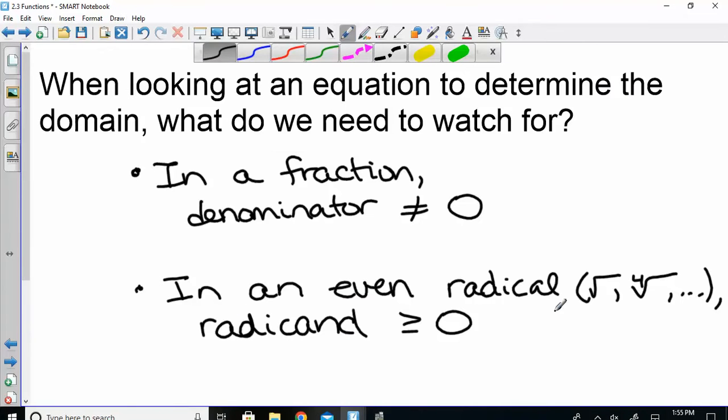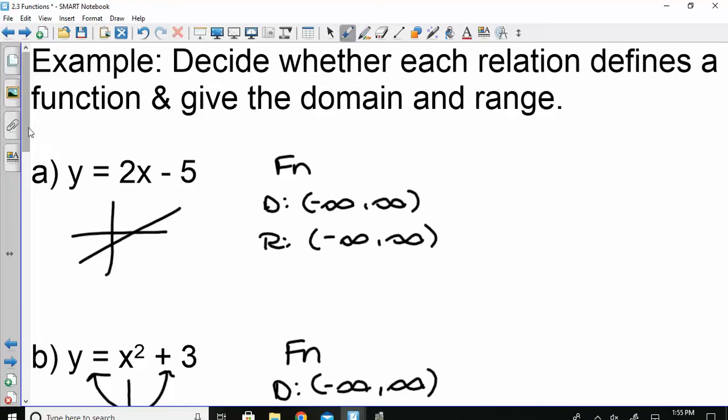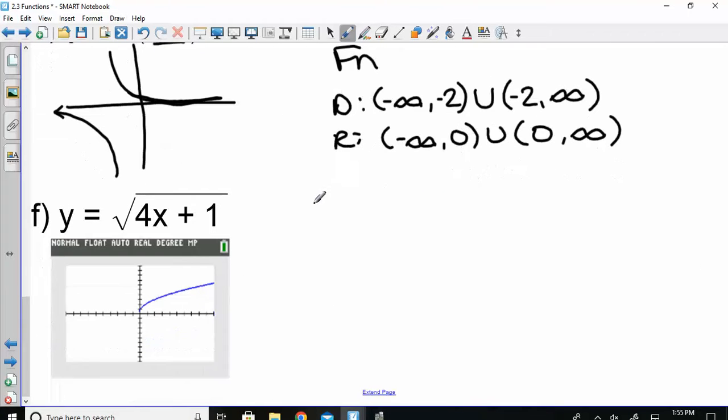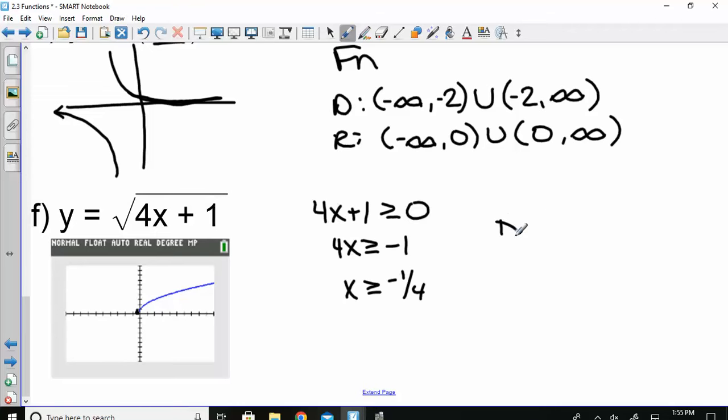I said if it's an even radical like a square root, whatever's under the radical has to be greater than or equal to 0. So that means 4x plus 1 has to be greater than or equal to 0. So 4x has to be greater than or equal to -1. So x has to be greater than or equal to -1/4. So that's where this thing starts, -1/4. So my domain is from -1/4 to infinity. You can also zoom in and things on your graph, and we'll practice all of that more.